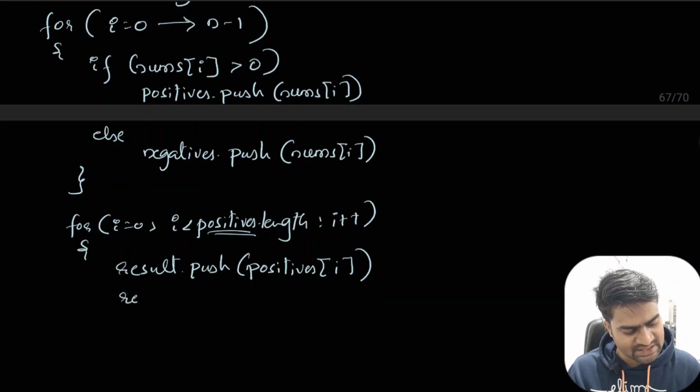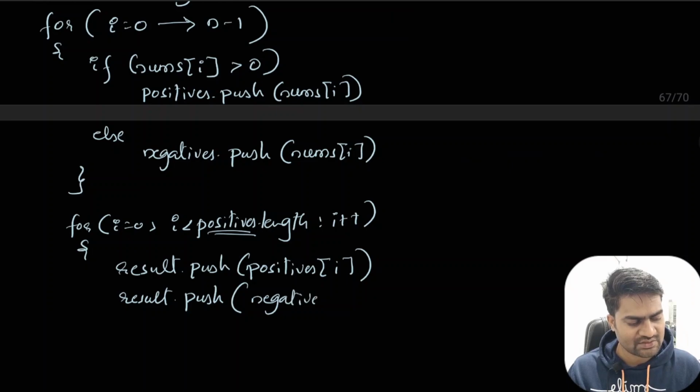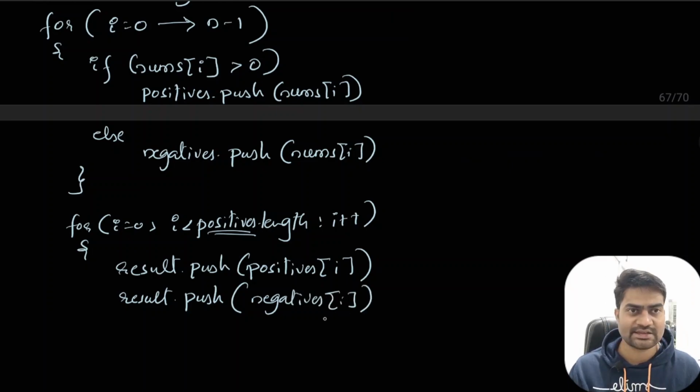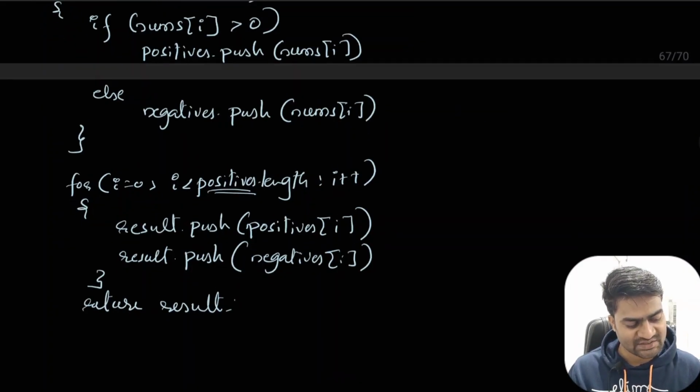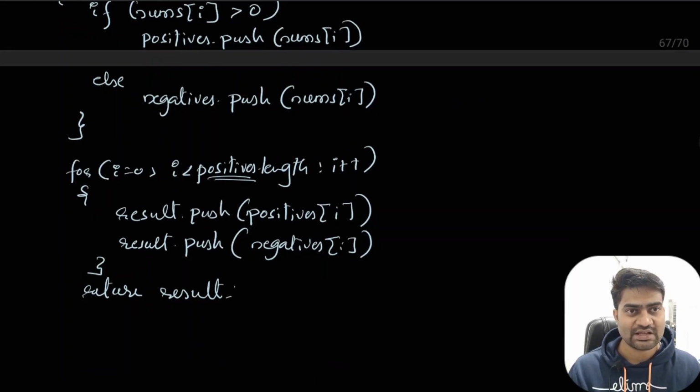So again I will say result.push of negatives of i. Then I will simply return my result. Okay, so this way I will be able to rearrange the given numbers in the requested order.